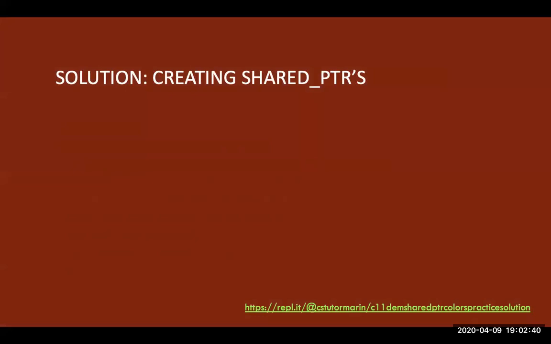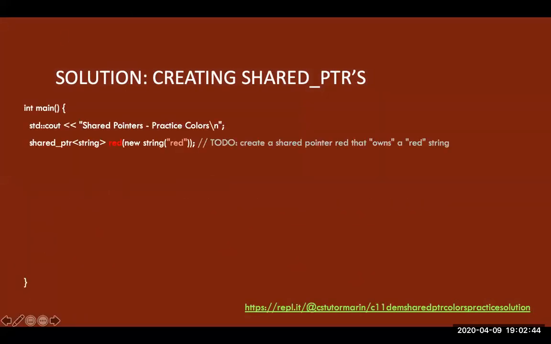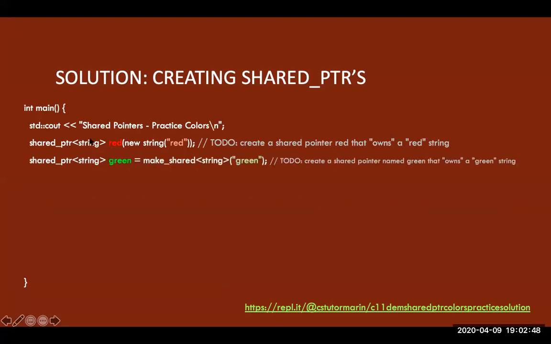Let's take a look at the code there. So here's our creation of our red pointer, right? And there's our green pointer, right? They're using the make shared. So similar kind of construction. We're manually calling or instantiating a string here.